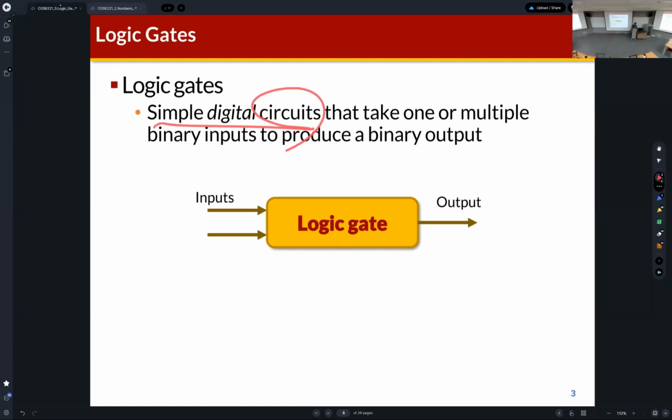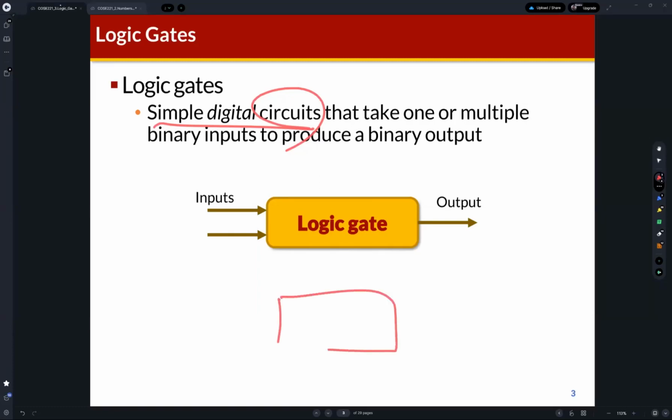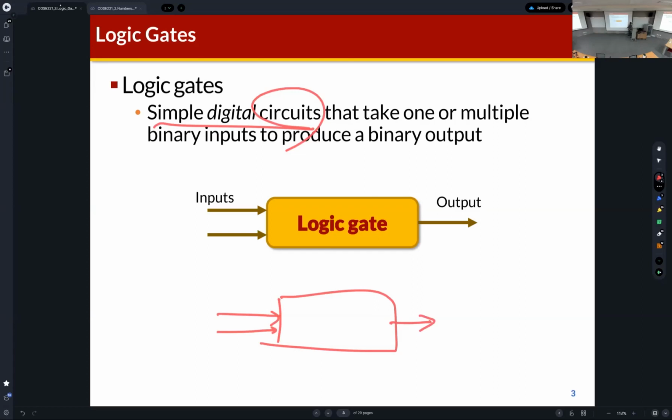When I explained about the digital system, it also receives multiple binary data and generates the binary output result. Actually, this figure is the same, which means that the logic gate also receives one or multiple binary inputs and then generates binary output.